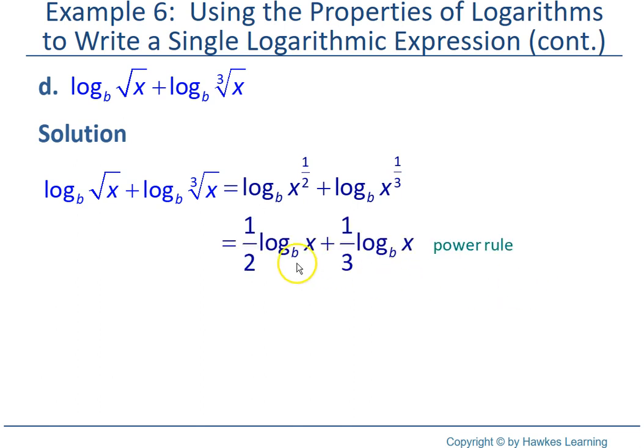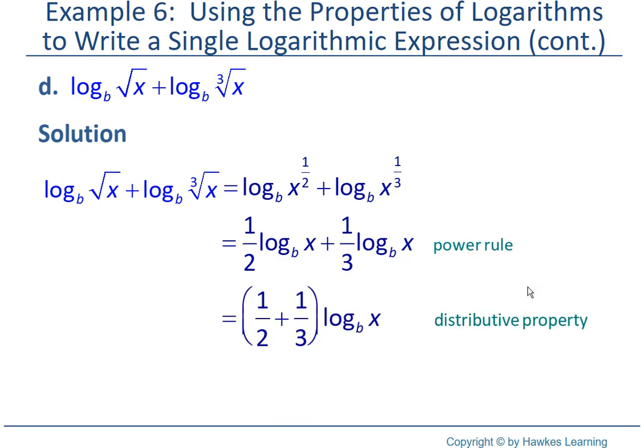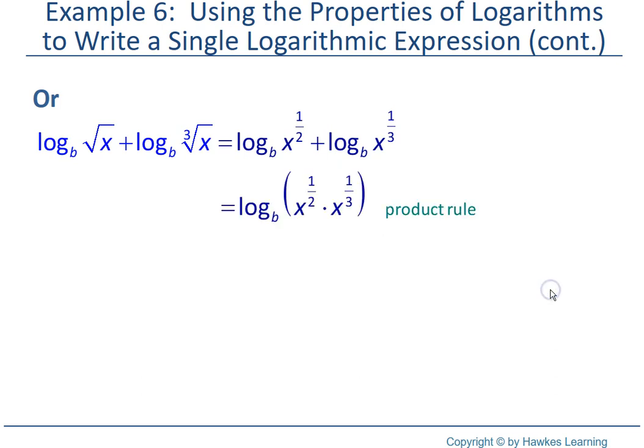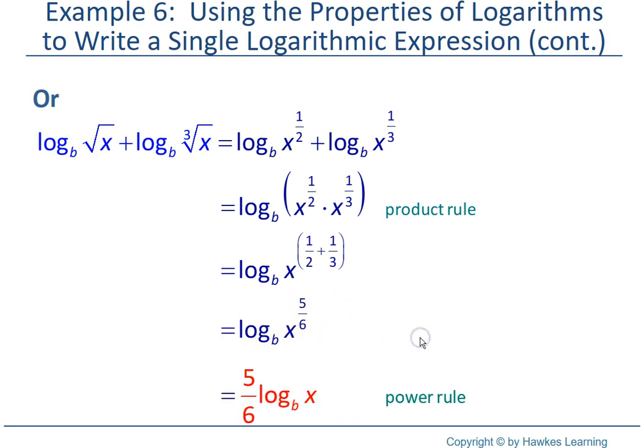So this is the way we did it, and we got our common denominator, and they're working it out for you on the side. Now, it also could have been done this way, where you bring these two together and then add your exponents this way, and then move that to the front. So either way, it works out for you.